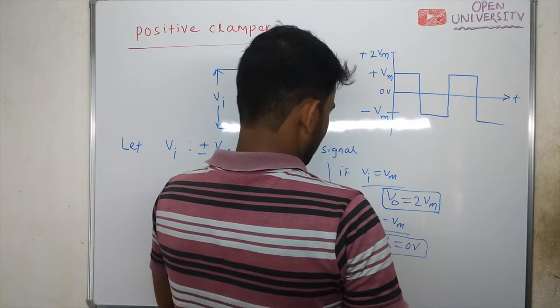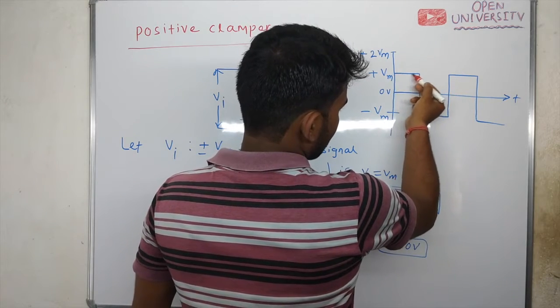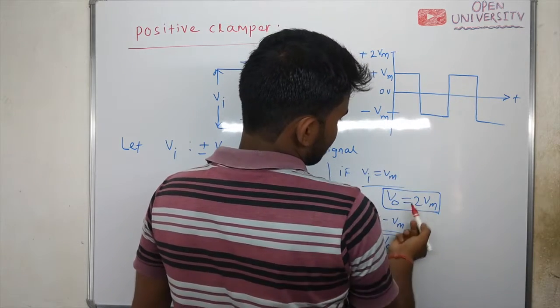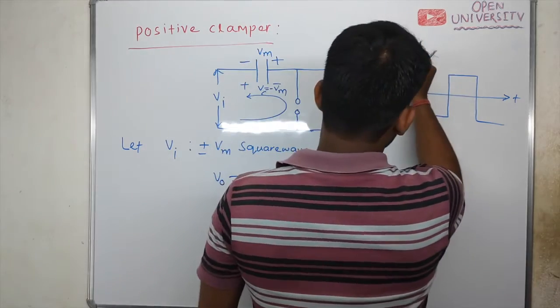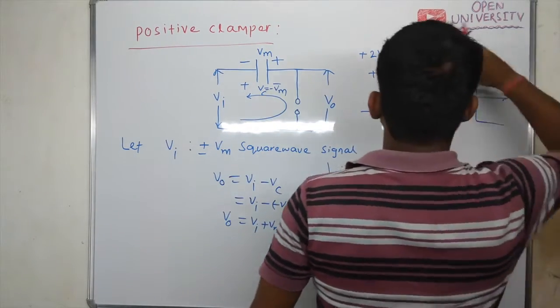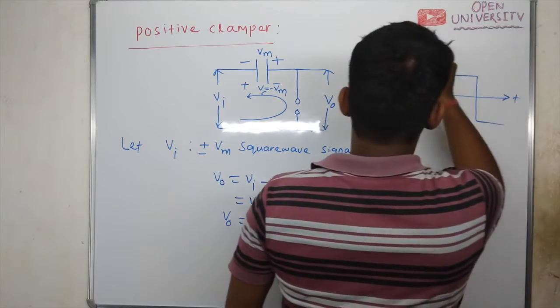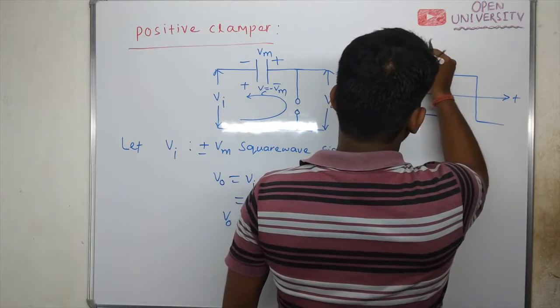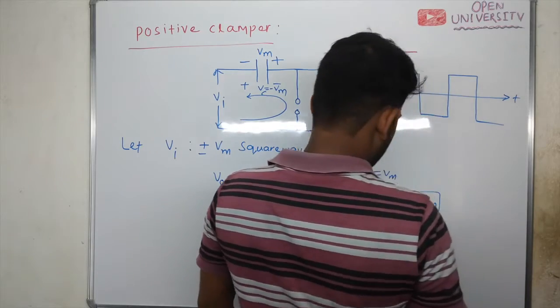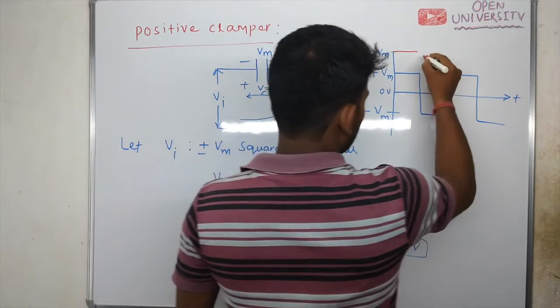Now in this interval Vi is Vm, so the output voltage is 2 Vm. And when Vi is minus Vm, the output is 0 volt. So it will be like this.